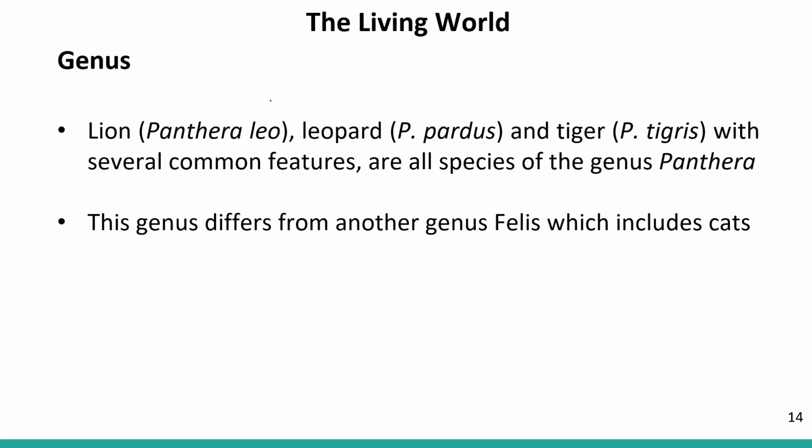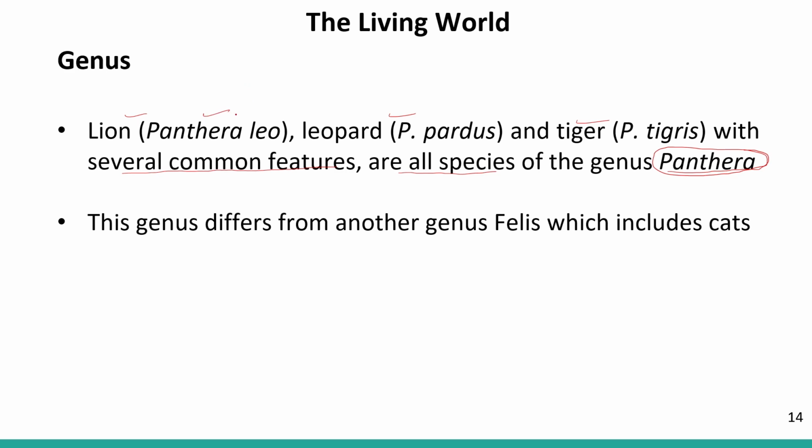Another example: lion, Panthera leo, leopard, Panthera pardus, and tiger, with several common characteristics and features. All are species of the genus Panthera. So Panthera, which is a genus, includes many species which are closely related and share common characteristics.